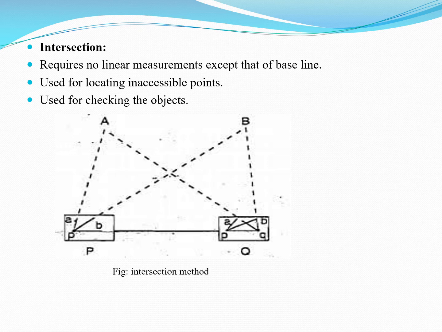After that, the drawing sheet is placed over the leveled table and a suitable point is selected on the sheet which represents the station on the ground.